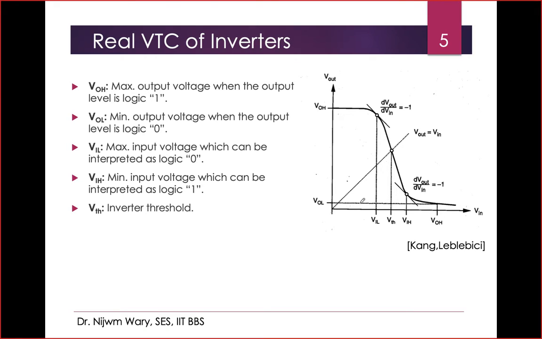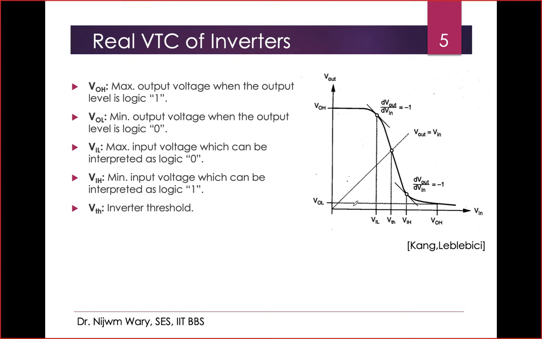So here we are mainly focusing on the static behavior of the inverters. At this point of time, we are not dealing with the dynamic behavior, what happens depending upon the speed of the signal. So here we will mostly be discussing the static behavior of the inverters.